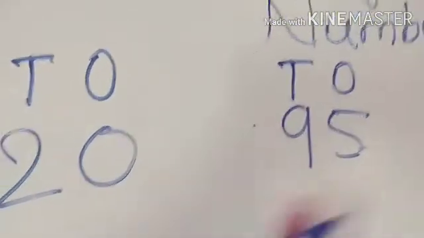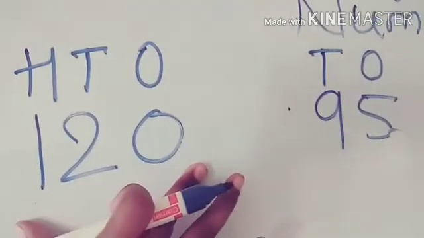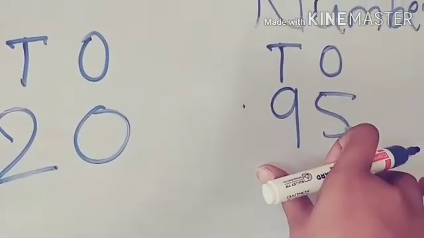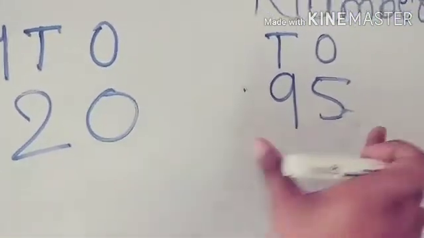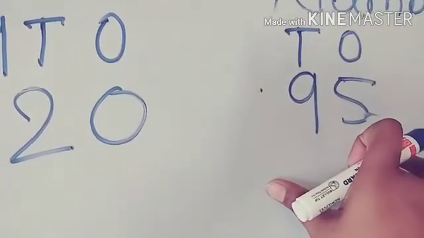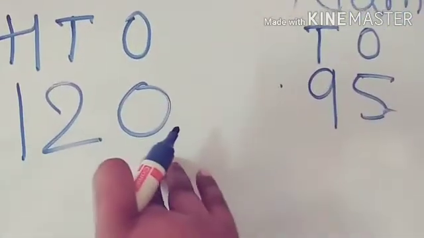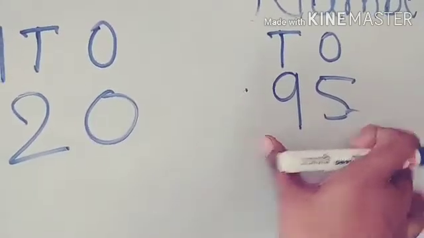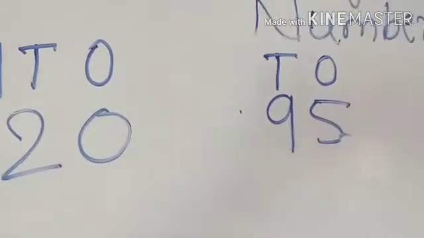Students, you have to understand that 3-digit numbers are always greater than 2-digit numbers. So here we have 3-digit number, that is 120, and here we have 2-digit number, that is 95. So 120 is greater than 95.